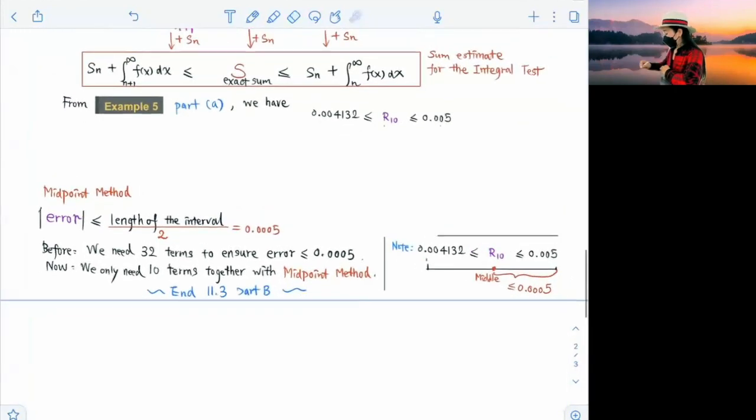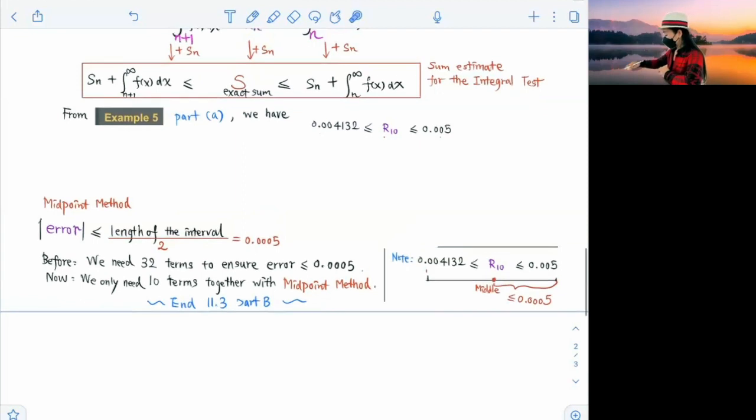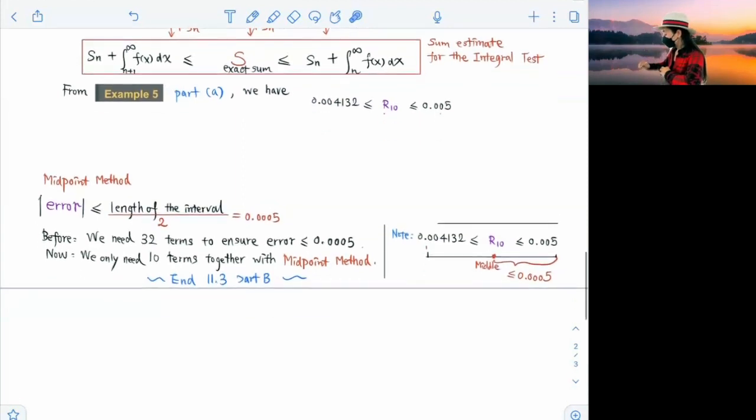So if we use the midpoint to estimate, taking the middle of these two to estimate the sum, then I know that the error is no more than 0.0005. Why? Because the sum is between this and this, right?